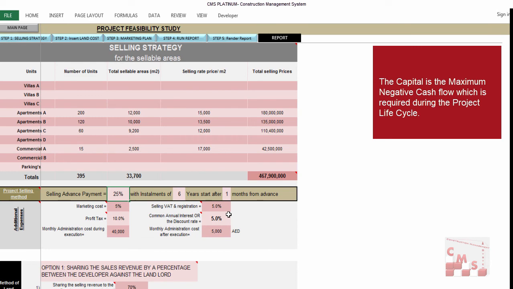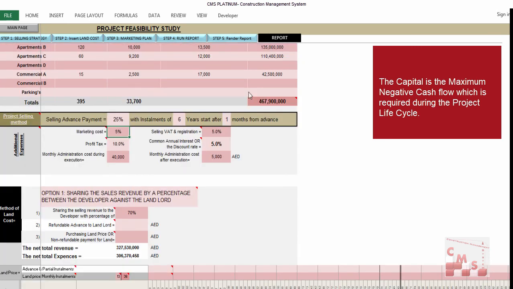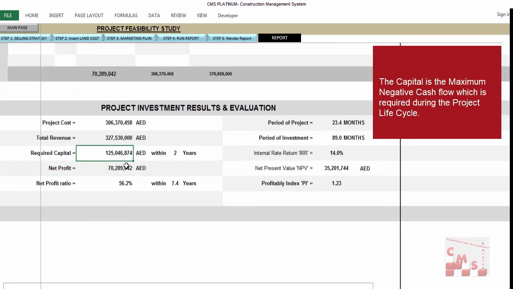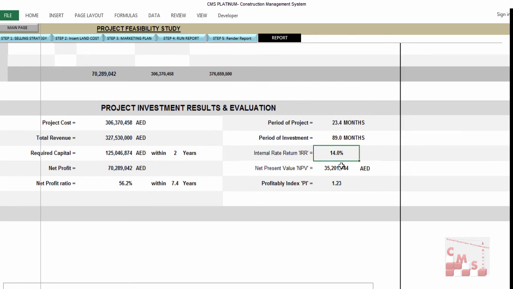Take 25%. Let's see the report. Required capital, instead of 150 it is 125 million, and your internal rate of return is increased, your net present value is increased, your profitability index also increased. So there is more you can do to increase your profit.